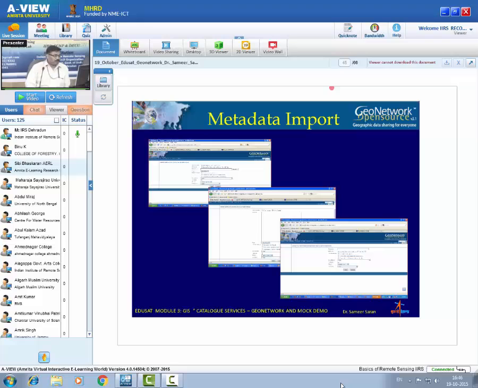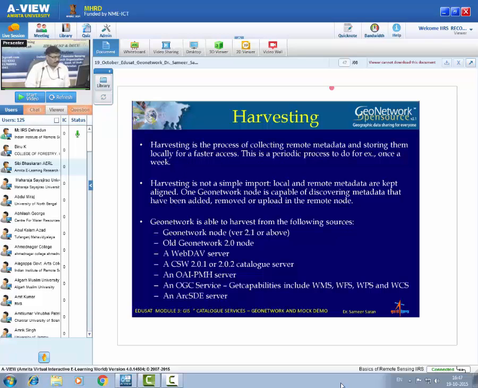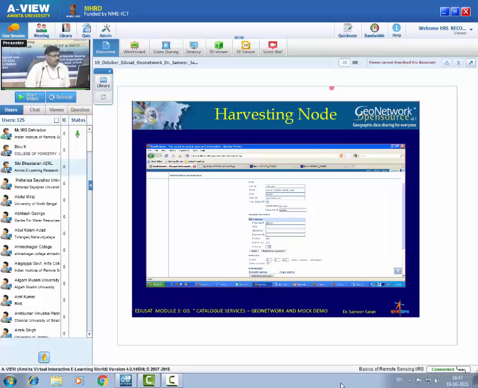Once that is there, you can even import from the metadata exchange format, so you don't have to create the metadata file here. You can even bring it from any of the GIS software. And then the harvesting concept, which I have explained to you earlier.